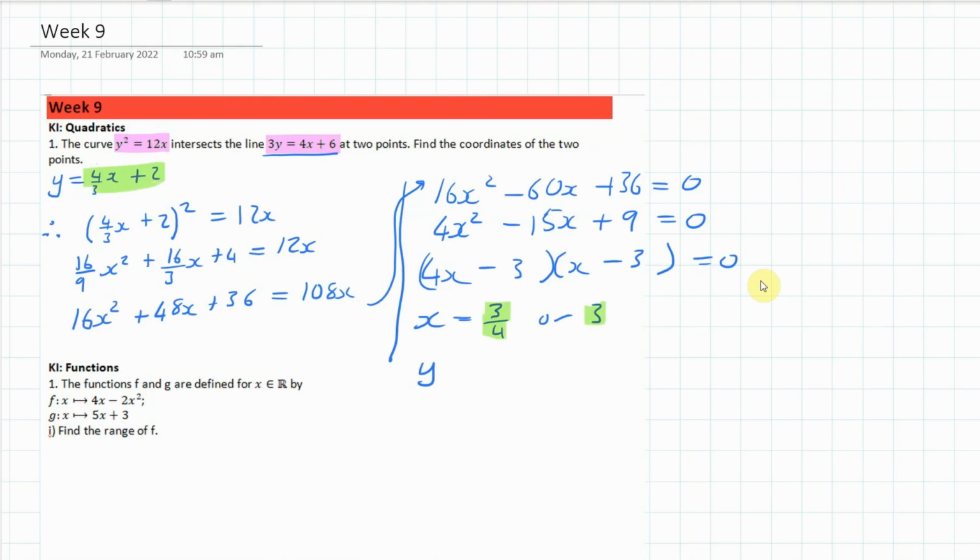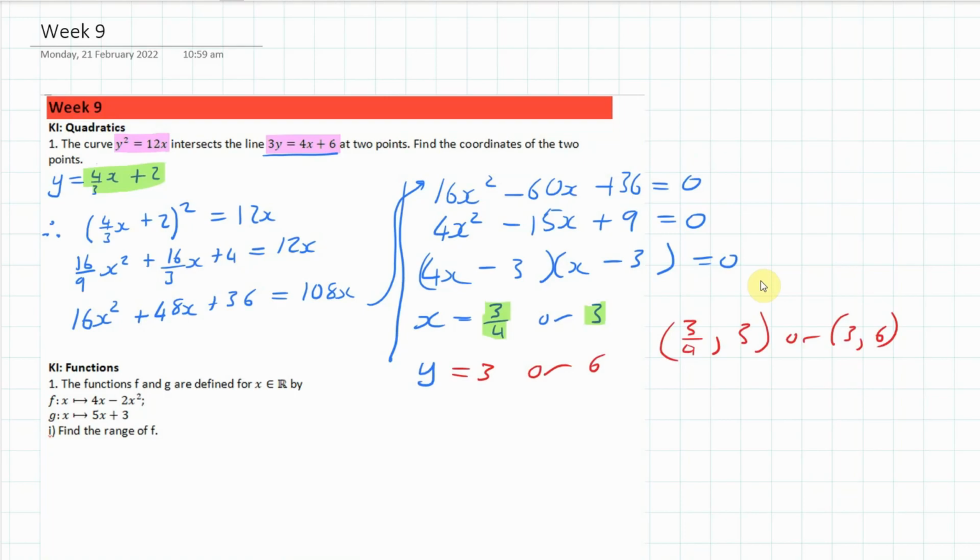So that will give me, my values will be 3. And if I chuck in a 3 in there, that'll give me 4 plus 2 or 6. Okay, so the coordinates will be (3/4, 3) or (3, 6). Those will be the values there.